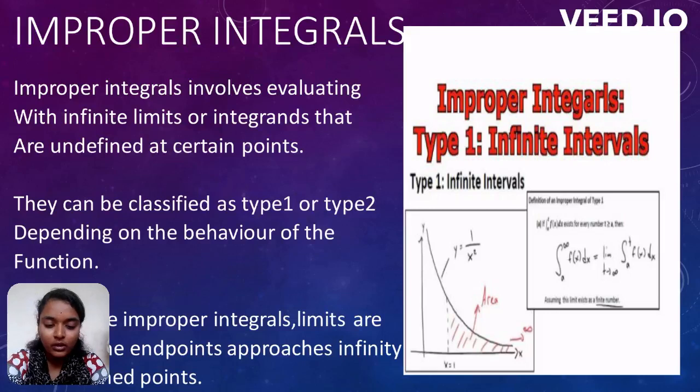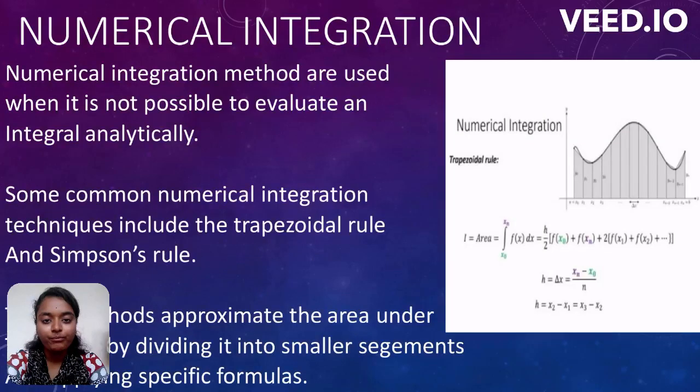They can be classified as type 1 or type 2 depending on the behavior of the function. To evaluate improper integrals, limits are taken as the endpoints approach infinity or undefined points.